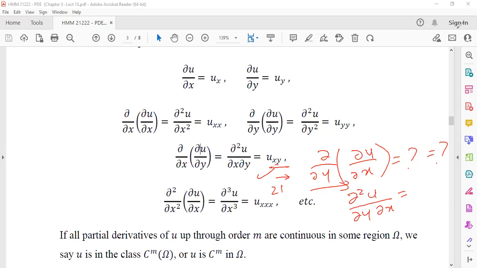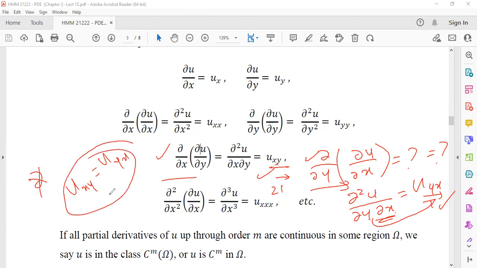So when you are writing in the subscript notation, it will be this one first, then this one. You don't need to check, if you write in this order, that will be fine. But when you are studying this one, we have to study this way, okay? Most of the time, u_xy will be u_yx in most of the examples, but don't take it that every time it is correct, okay?